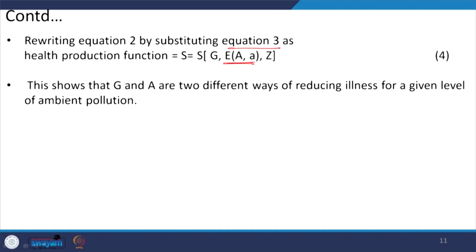This will show that these two variables, one is G and the second one is A, are the two different ways for reducing the illness for a given level of ambient pollution. Given this ambient pollution and other exogenous factors, these are the two variables which are the ways of reducing the illness at this level of pollution.